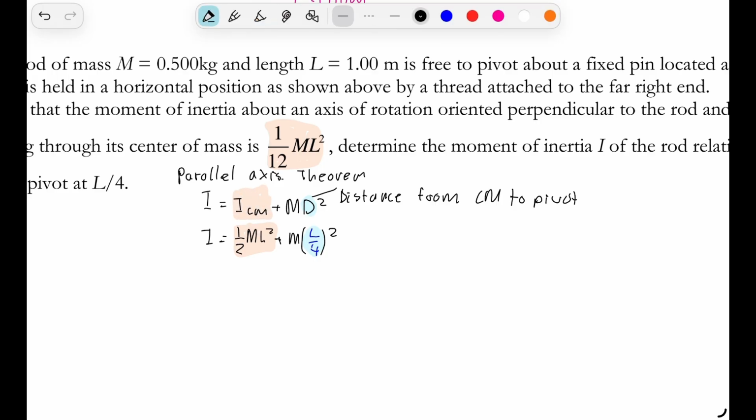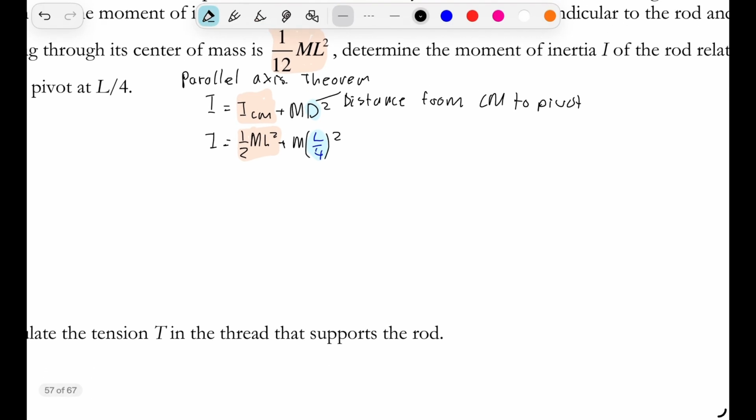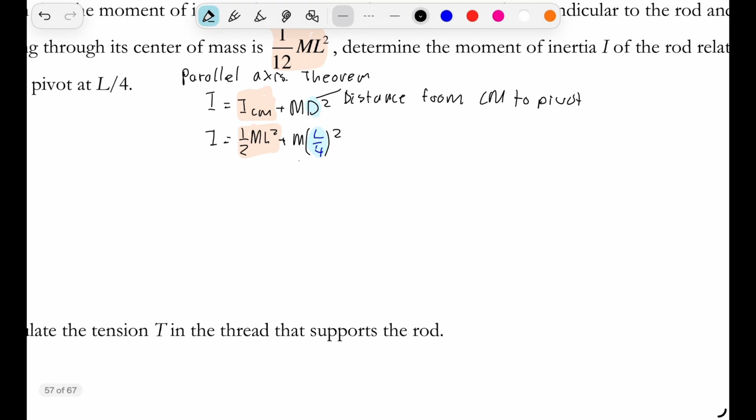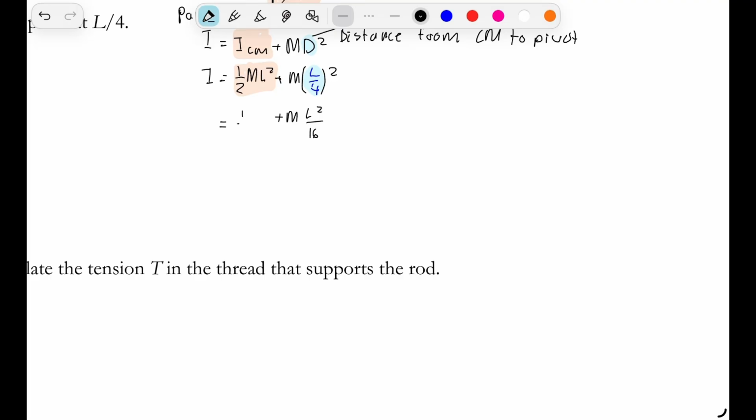We were given this I as our moment of inertia, which we plugged in right here, the center of mass. Now after this, we can expand the second term. So that's going to be equal to ml squared over 16 l squared and then 4 squared, so that equals 1 over 12 ml squared.